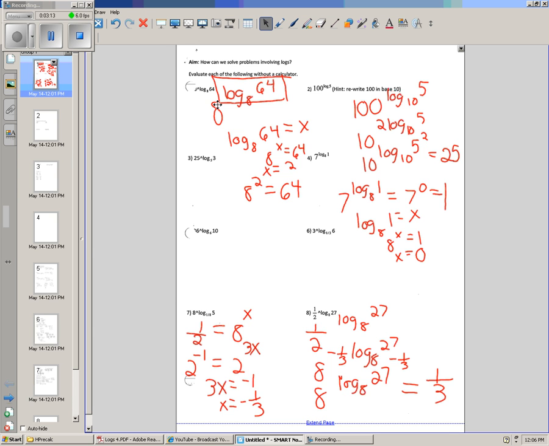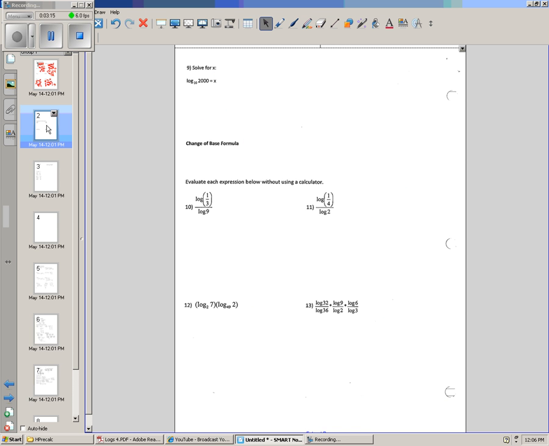Okay, let's look on the next page at number 9. So for 9, we want to solve this. So we're going to rewrite this as 10 to the x equals 2,000. Now we're going to take the log of both sides to finish solving this and to get the variable out of the exponent. So we have x times log of 10 equals log of 2,000.